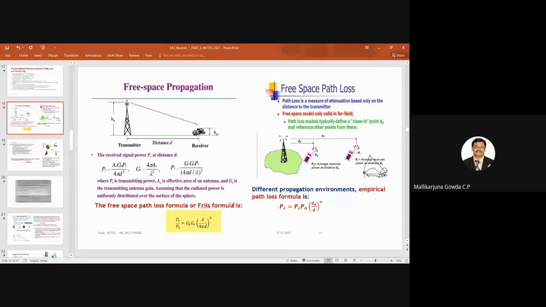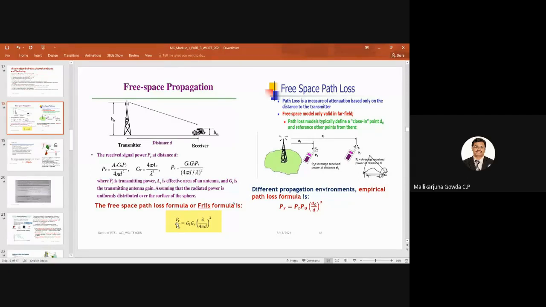In free space, the received signal power depends on the wavelength of the signal. It is directly proportional to the wavelength, or I can say inversely proportional to the frequency, because lambda is equal to c by f.